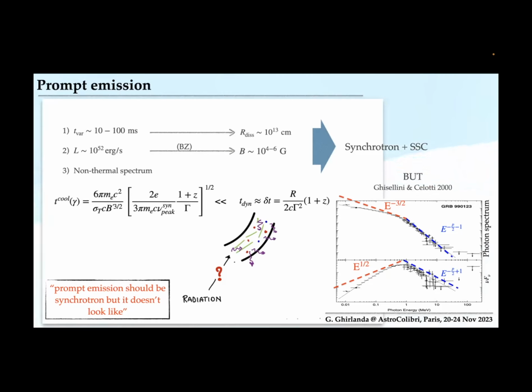And the cooling time scale basically depends on some parameters, notably the magnetic field in the emission region. And if you put in typical numbers, this number is of the order of 10^-8 seconds, compared to the variability or dynamical time scale of the system, which is of the order of a few milliseconds. So this means that electrons are accelerated in the shock, but should cool very rapidly.